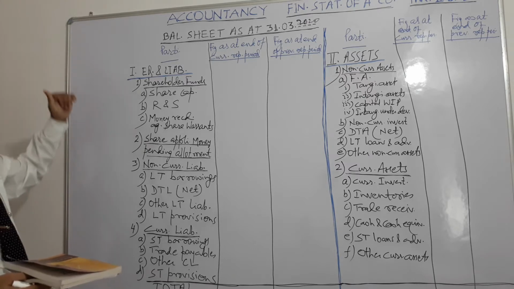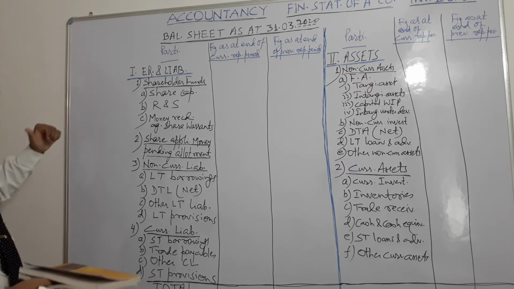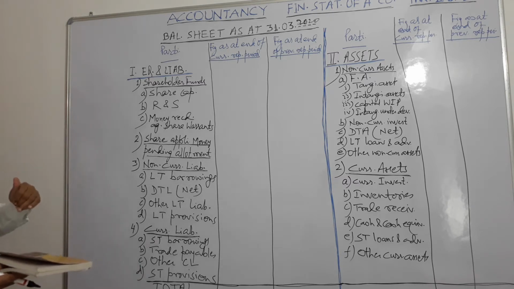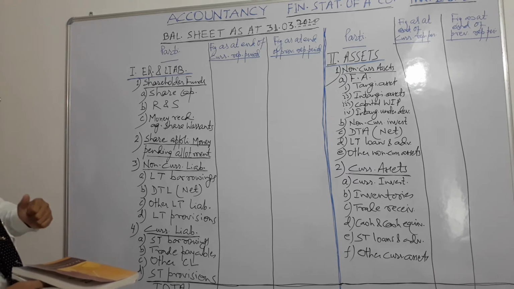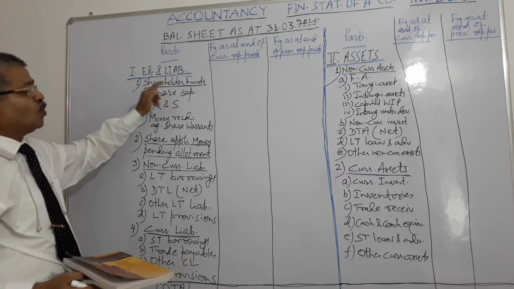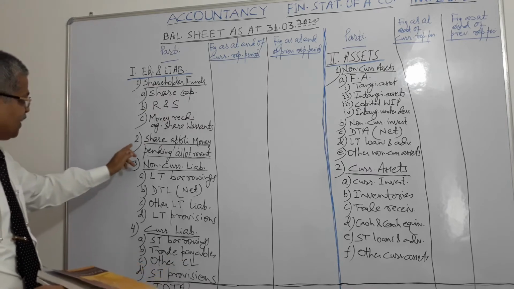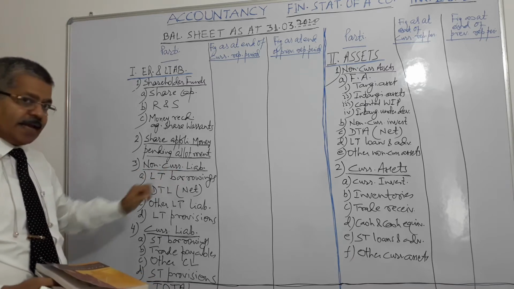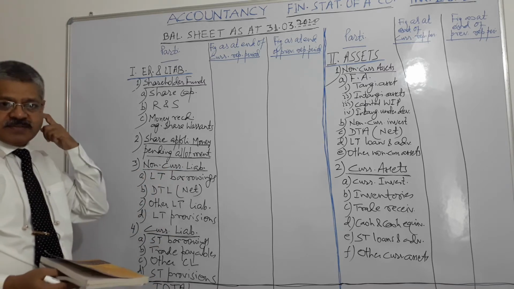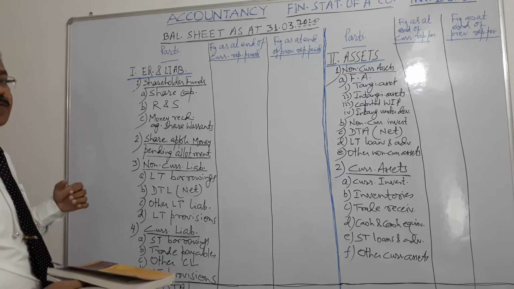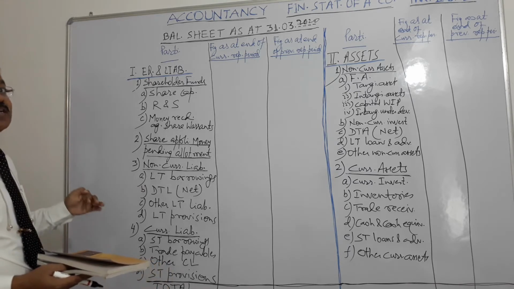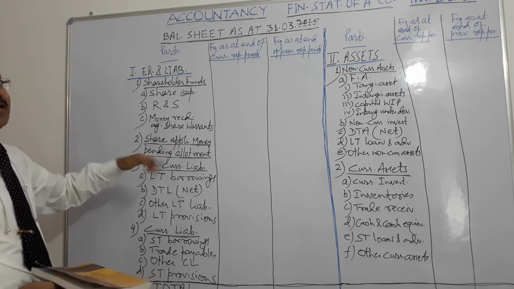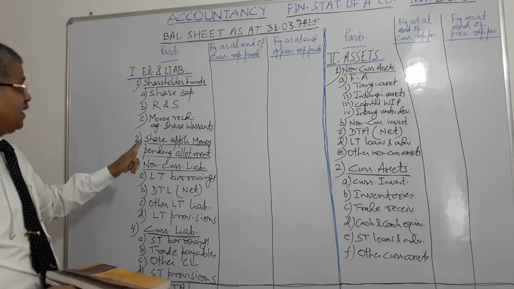Now look carefully at the items. Towards the liability side, you will find four major items, and then you will find sub items. Those four major items are shareholder funds, share application money pending allotment, non-current liabilities, current liabilities, right? As per the regulations, the companies are mandated to declare share application money pending allotment of shares separately.